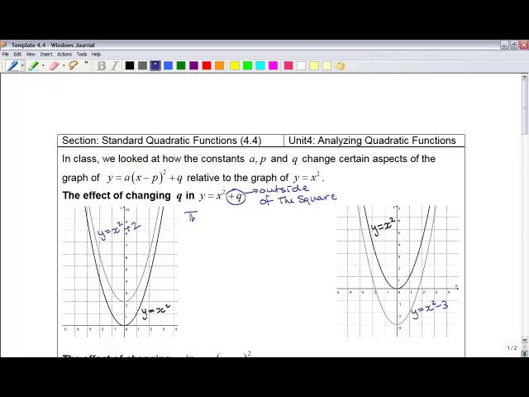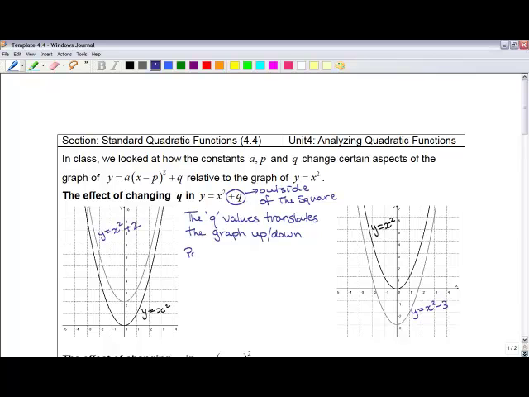The q value translates the graph, translates like shift, the graph up or down. So when it's located outside of the square, it's changing a y thing. Y things are up, down. And what it does is it shifts it up, down, or translates the graph up or down.